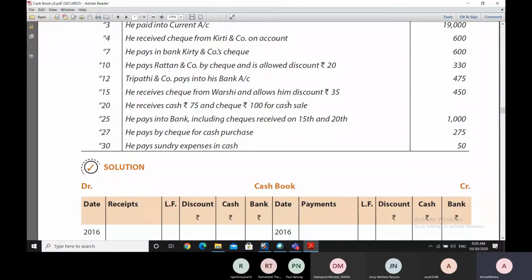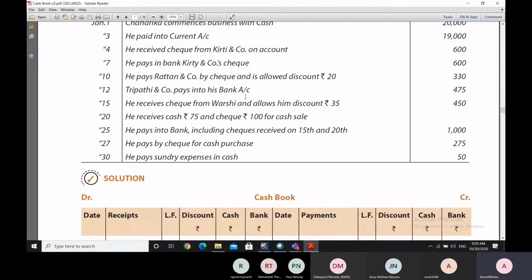So let's say he received a check from Varshi of 450 rupees here, and he also received a check of rupees 100 against cash sale. So about 550 rupees he has received. Then maybe he has received some more checks.